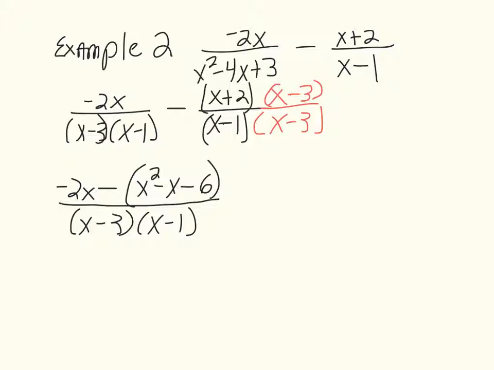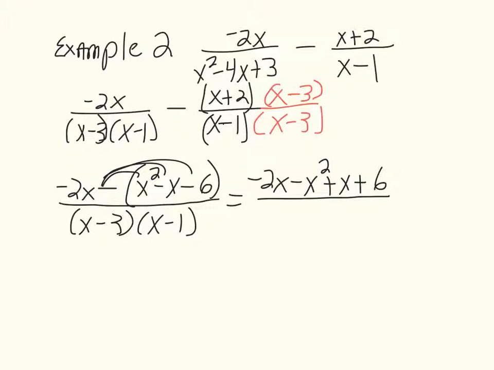Now in my numerator, I'm going to take a negative 2x and subtract each of those terms. So it's going to be minus an x squared plus x plus 6. My denominator is x minus 3 times x minus 1.